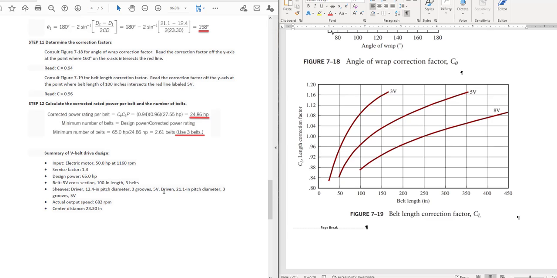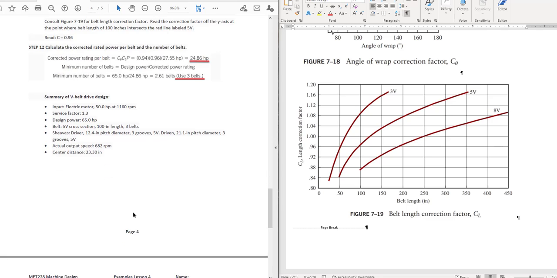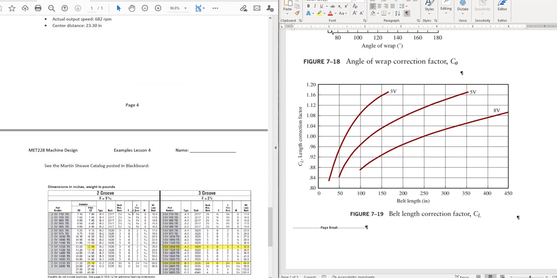The driven is a 21.1 inch pitch diameter, 3 grooves for 5V belts. The actual output speed is going to be 682 RPMs, which is only 1% off of our required 675 RPMs, and the center distance is now 23.3 inches. That is our V-belt drive design.